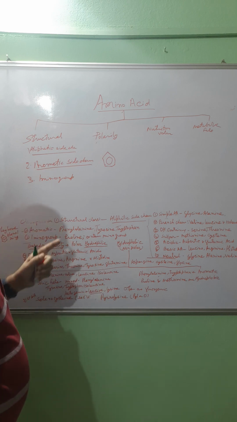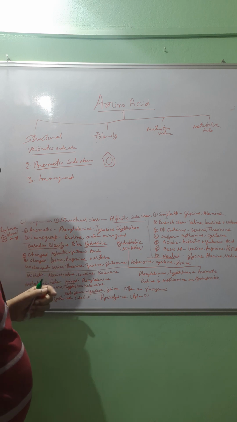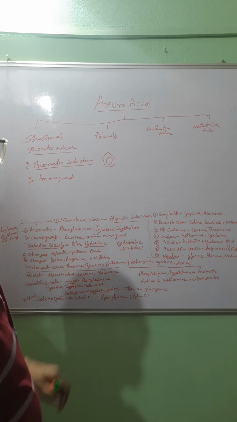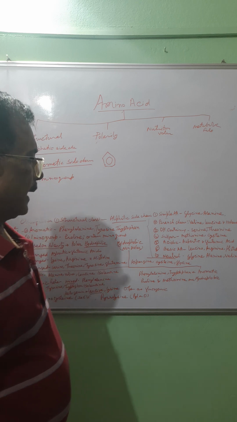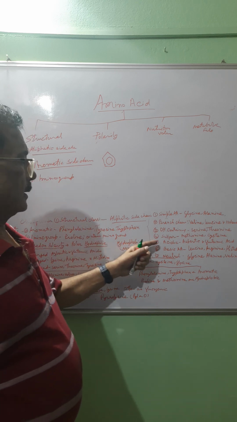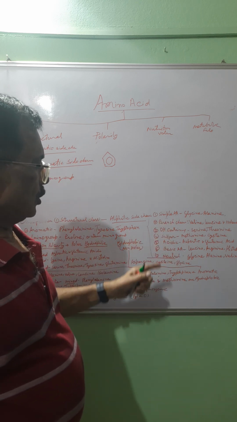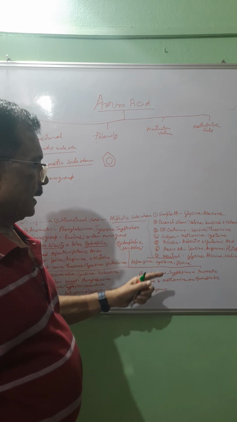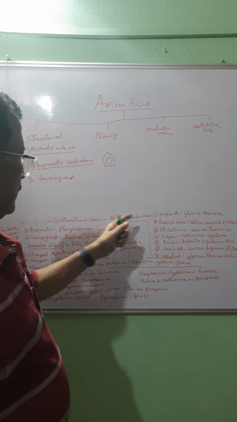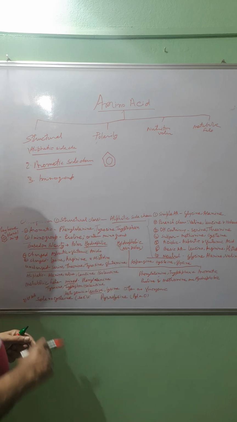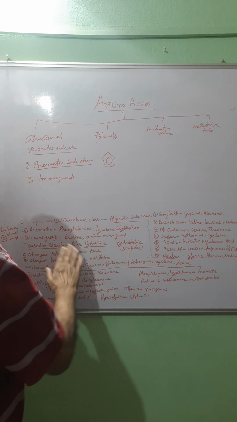And structural class, first is aliphatic side chain: simple amino acids, glycine, alanine; branch chain, valine, leucine, isoleucine; hydroxy containing amino acids, serine and threonine; sulfur containing, acidic, basic and neutral. These are the types of aliphatic side chain.